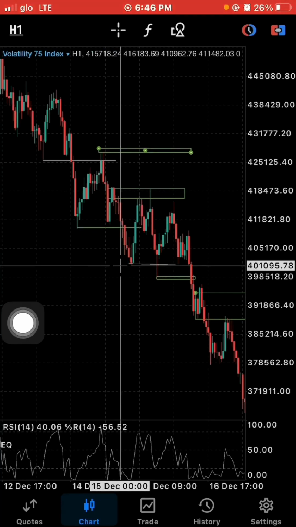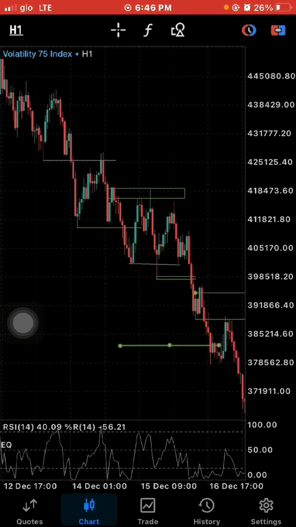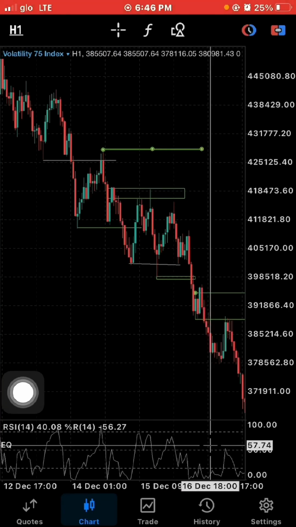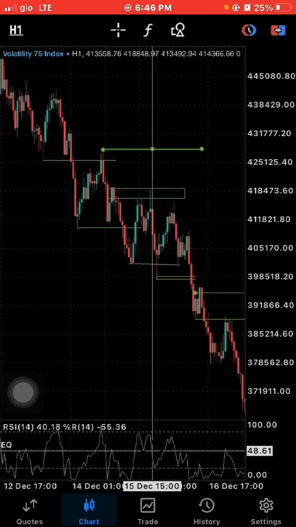If the market has not crossed the 50 level, you are not taking any trade. You have to always wait for price to come above this 50 level, and then you can start looking for buying or selling opportunities.